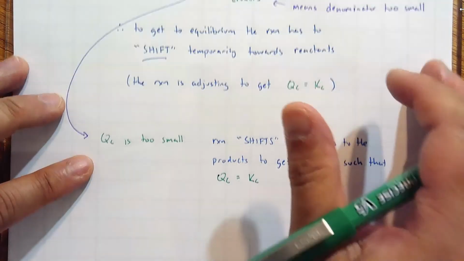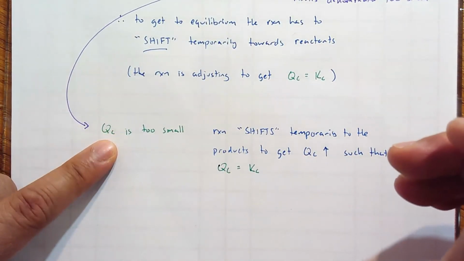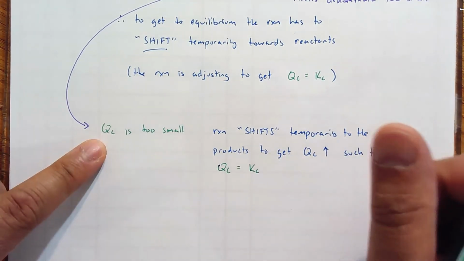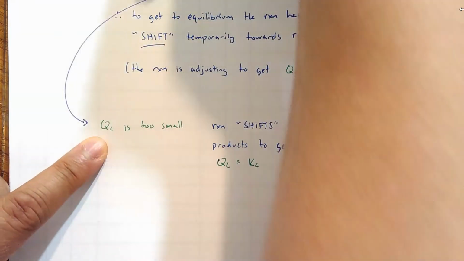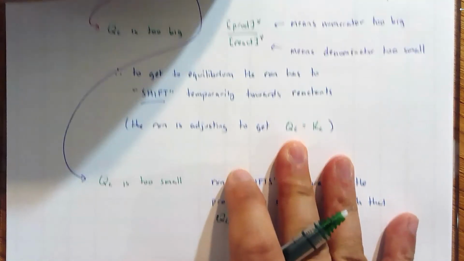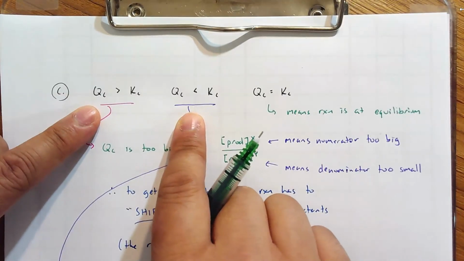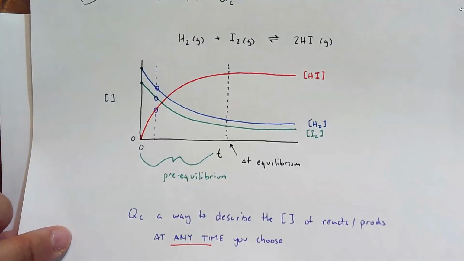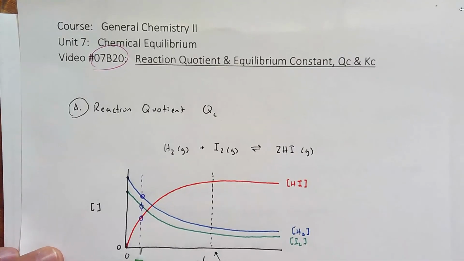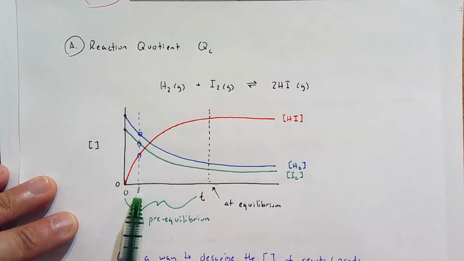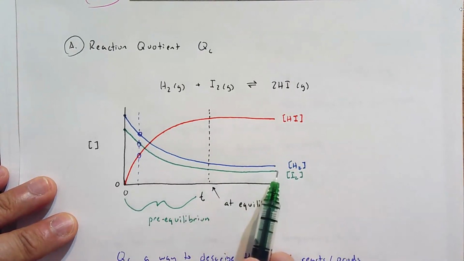All right, so it's all about getting the Qc to be equal to the Kc, because Qc many times is going to be off equilibrium, right? These two situations describe concentrations that are not at equilibrium. For instance, right here, those concentrations at the time we said 30 seconds are not the same concentrations at equilibrium.